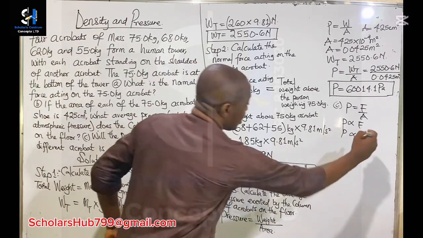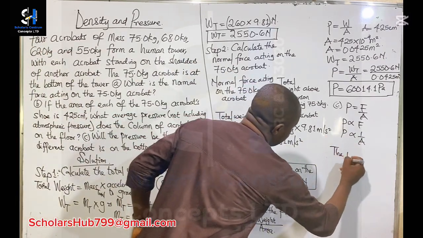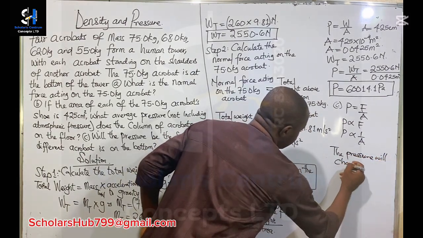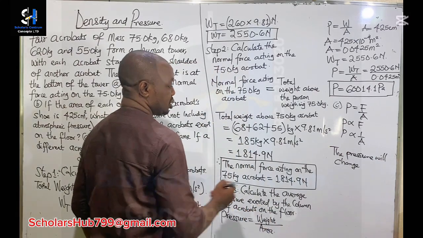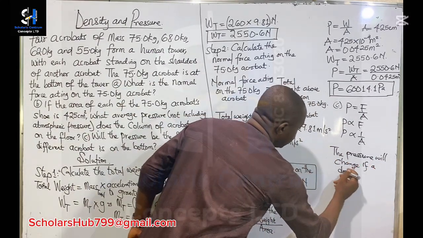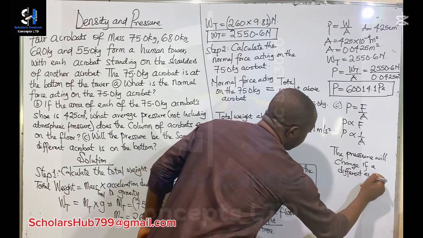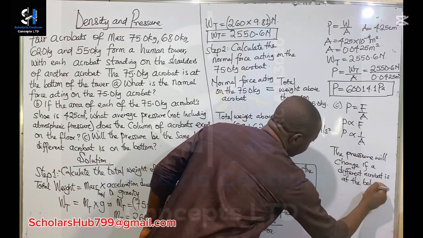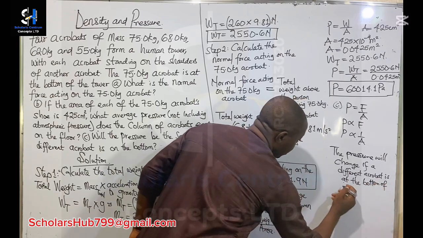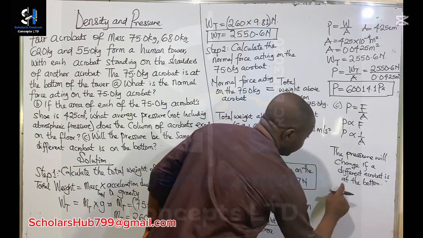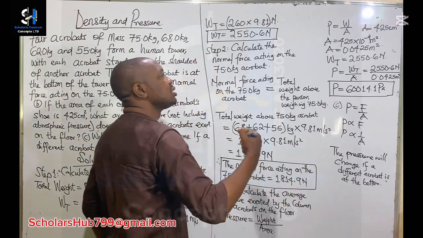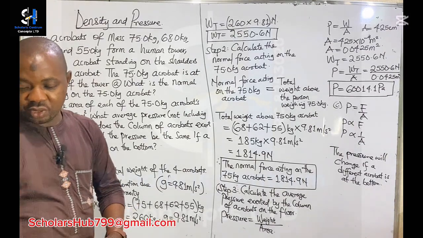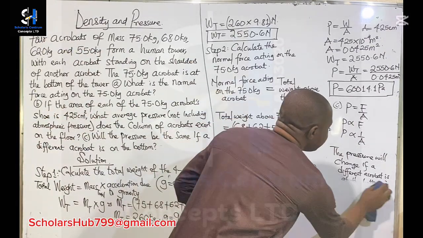So we can say that the pressure will change if a different acrobat with different shoe area is at the bottom, because there will be a different area.